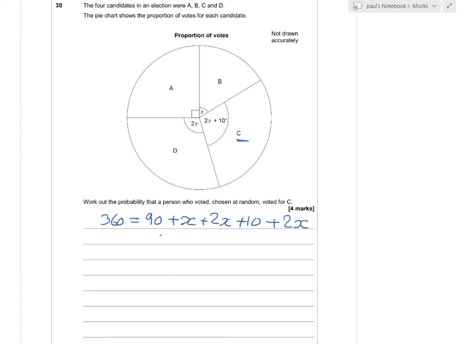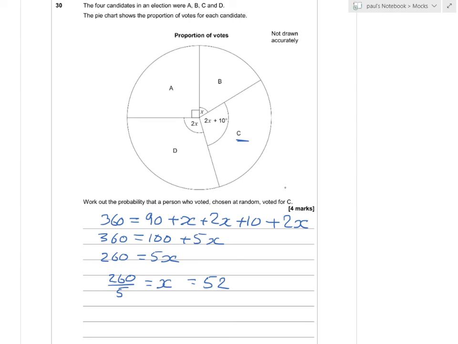Okay, how many x's is that? Is that 100 plus 5x? 360. Okay, take 100 away, so 260 equals 5x. 260 divided by 5 equals x. Divided by 10 is 26, 52. So x equals 52.